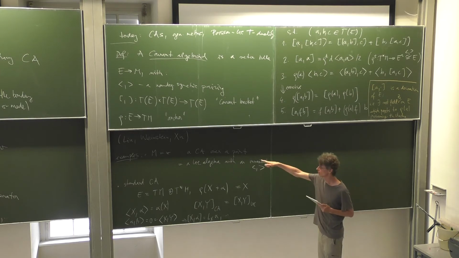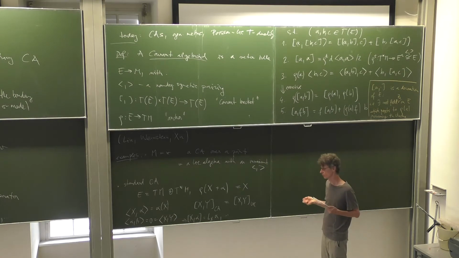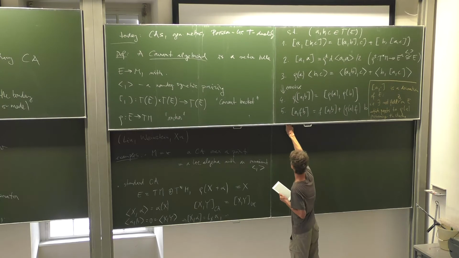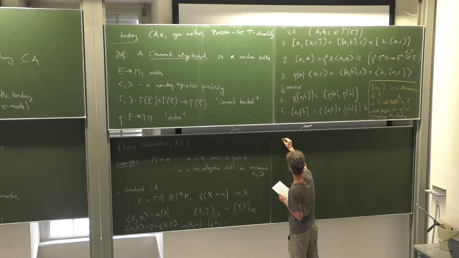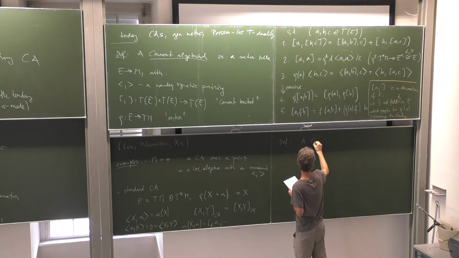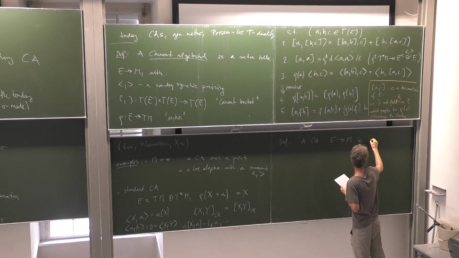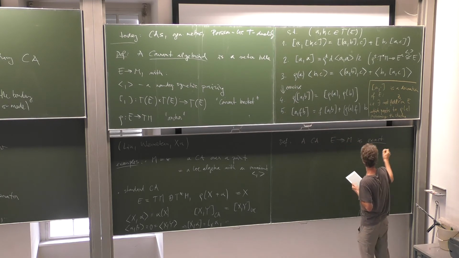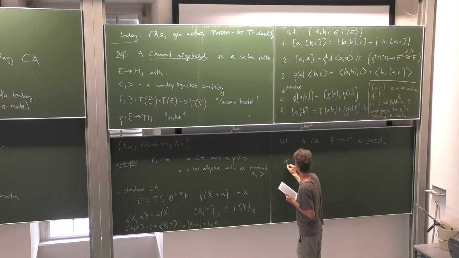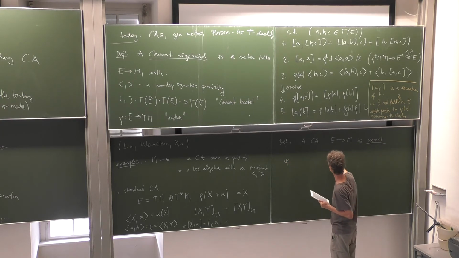It also has a natural generalization, some kind of sheafified version, which is called an exact Courant algebroid. So what are exact Courant algebroids? Definition: a Courant algebroid E over M is exact if, so what do we have?